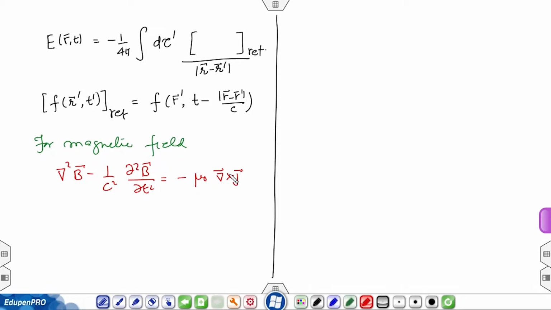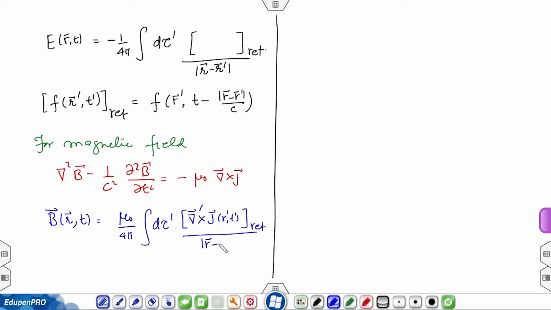So, I can write B at position r, time t, equals mu 0 over 4 pi integration d tau prime curl prime of j(r prime, t prime), let me write this retarded, over |r minus r prime|.